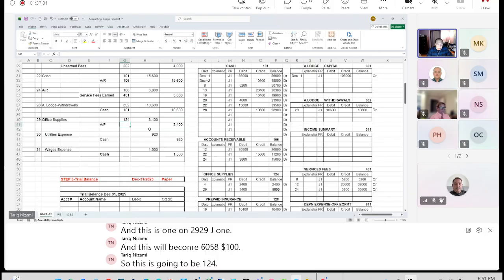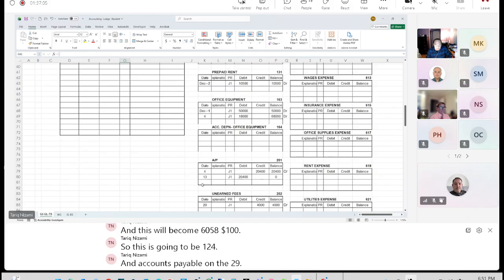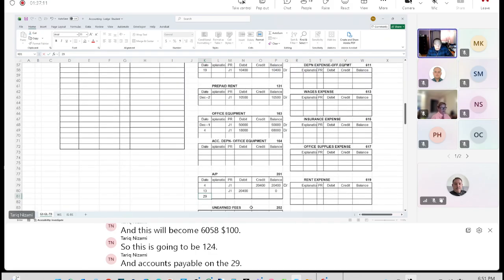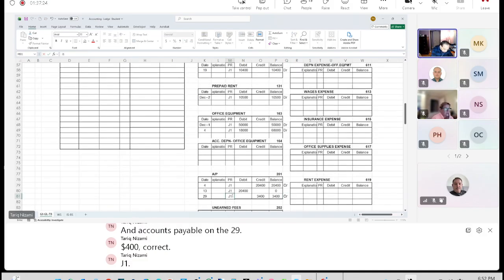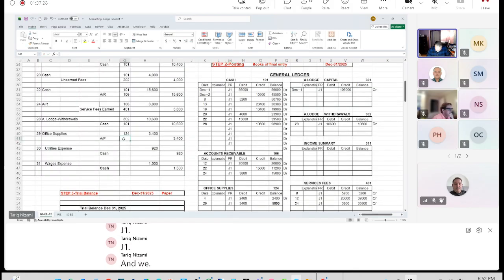And accounts payable on the 29th, $3,400 credit, J1. And we go 201.